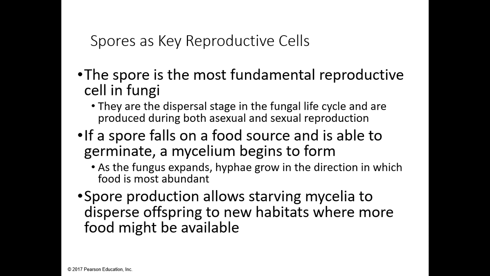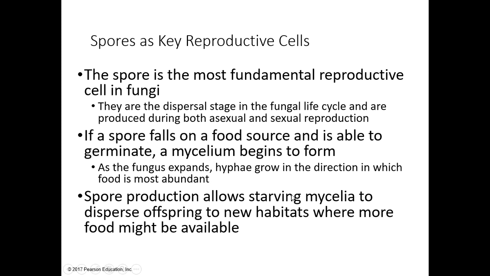So I mentioned spores. The most fundamental reproductive cell in the fungi is the spore. All right? They are the dispersal stage in the fungal life cycle and are produced in both asexual and sexual reproduction, as we've talked about. If a spore falls on a food source and is able to germinate, a mycelium begins to form. Okay? As the fungus expands, hyphae grow in the direction in which the food is most abundant.